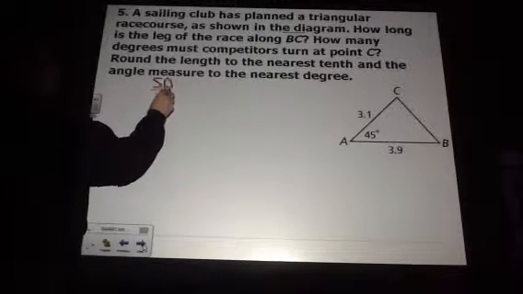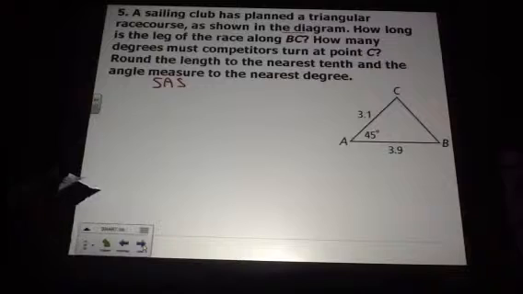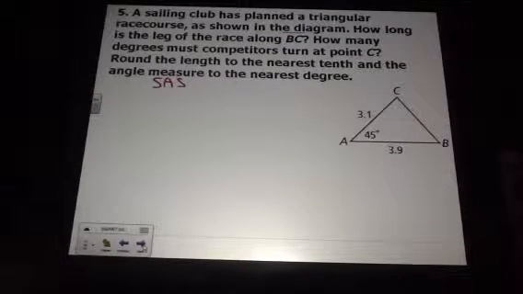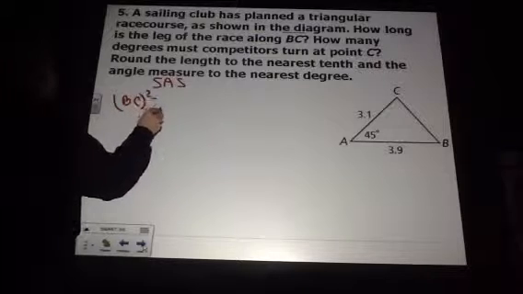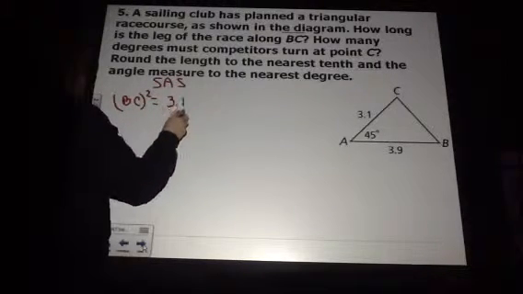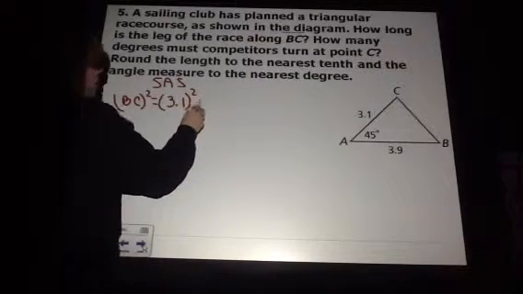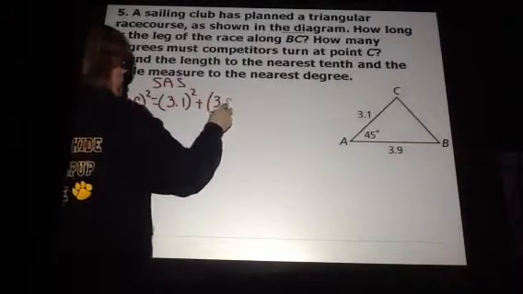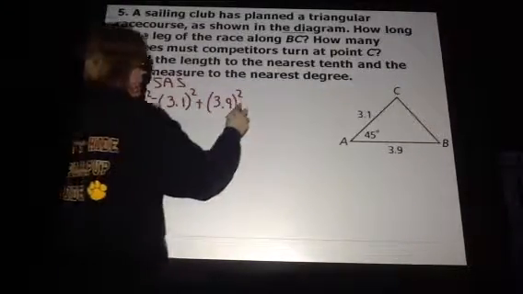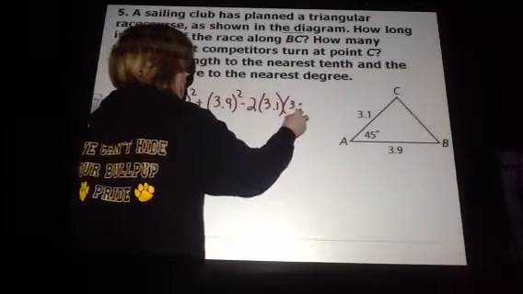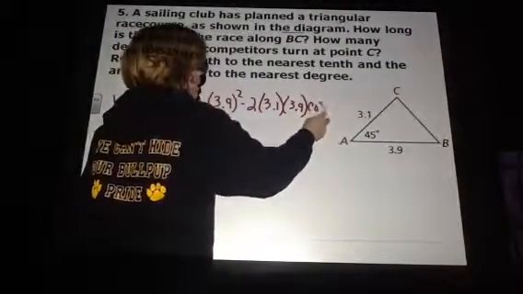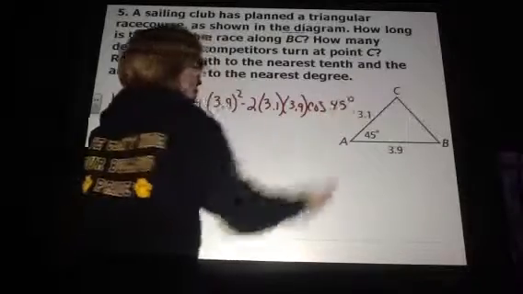Okay, so I'm going to do side, angle, side and go ahead and do the law of cosines to find BC. So it would be BC squared equals 3.1 squared plus 3.9 squared minus 2 times 3.1 times 3.9 times the cosine of 45 degrees.